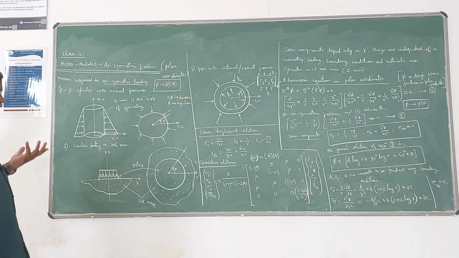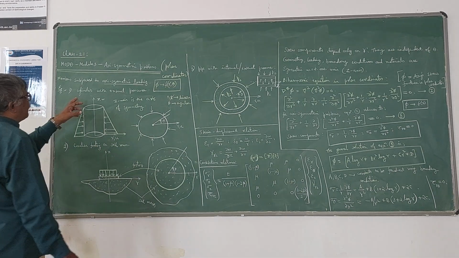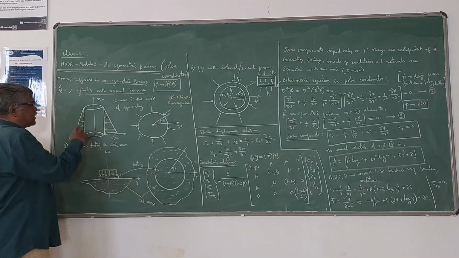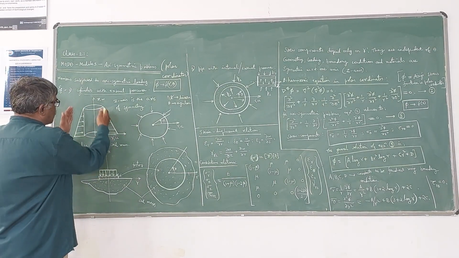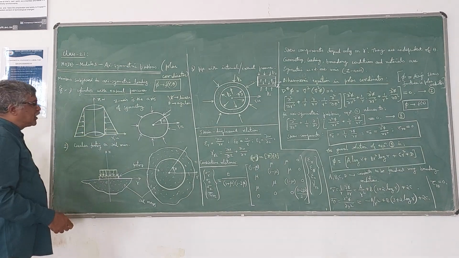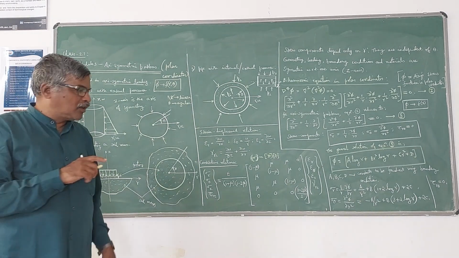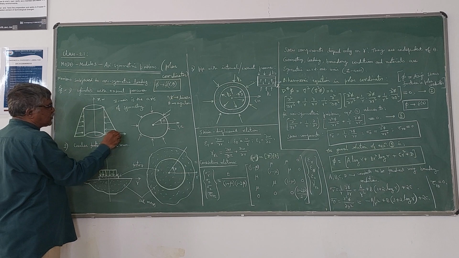Now, some examples of axisymmetric loading. The first example I will take is a cylinder with external pressure. So this is a cylinder, subjected to external pressure like this. Of course, I have taken the pressure in the form of hydrostatic pressure, so it is triangular in nature. It will be 0 at the top and maximum at the bottom.